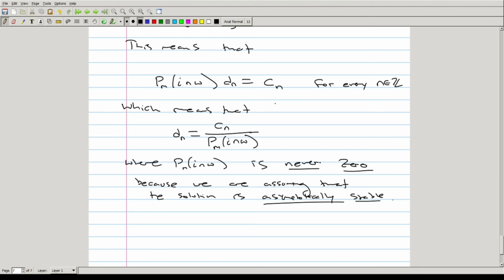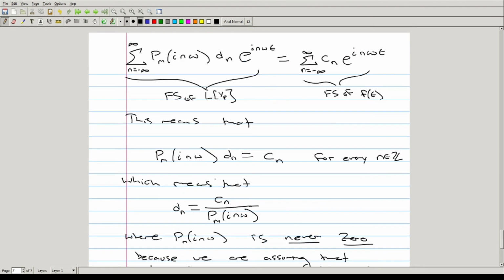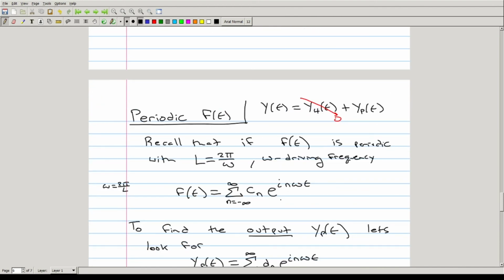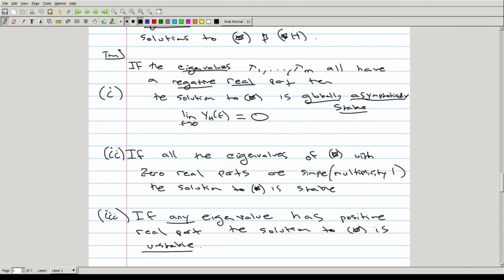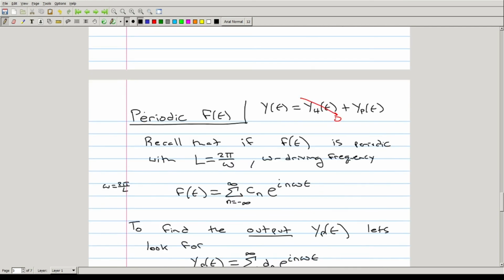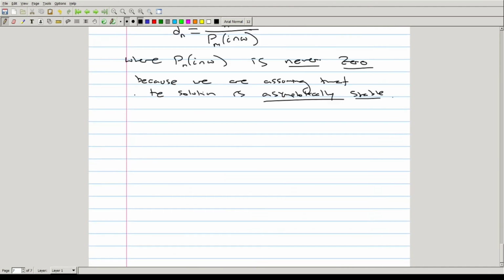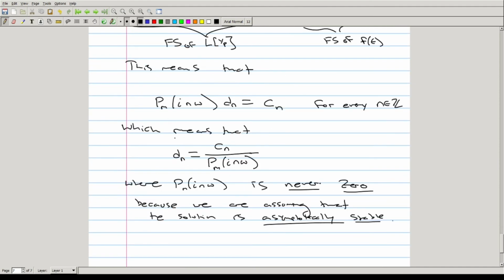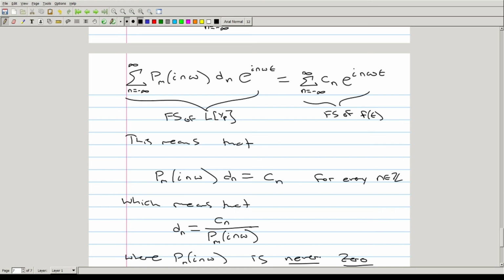So we never have purely complex roots to this characteristic polynomial if we're dealing with the case of asymptotic stability. All the eigenvalues have a negative real part. Things become a little bit more complicated in other scenarios, but we're just going to focus on this simple scenario right here.